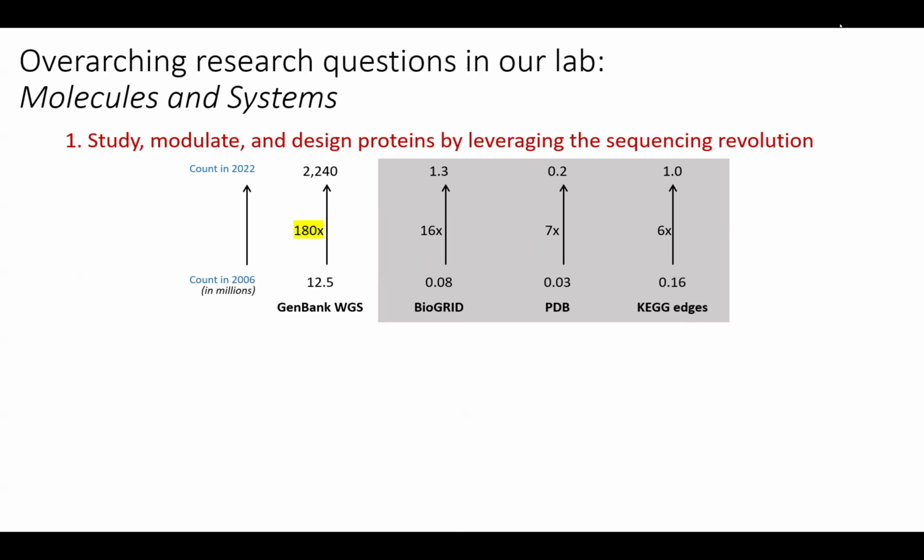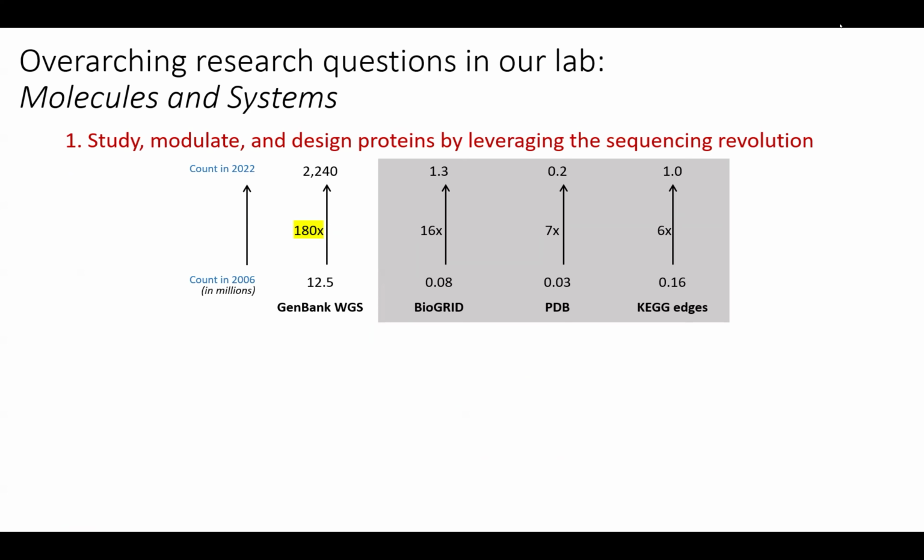One is the molecular scale, and there many of the questions we look at boil down to the insight that the growth in sequencing data has far outpaced the growth in, say, structure or function data, even though the latter is what we often care about. Can we come up with methods which can leverage all of this sequencing data, often poorly annotated, to be more effective at answering questions about structure and function or even design?